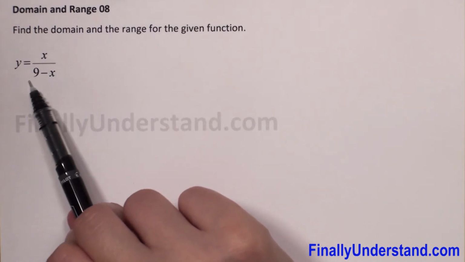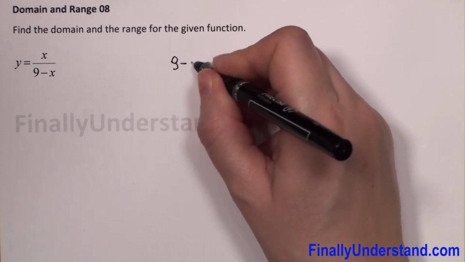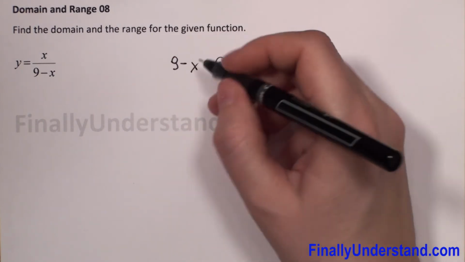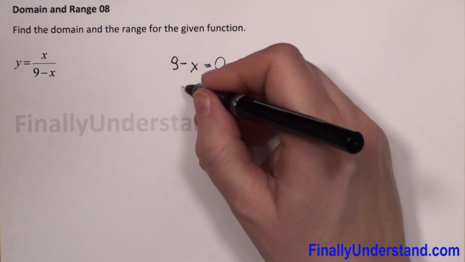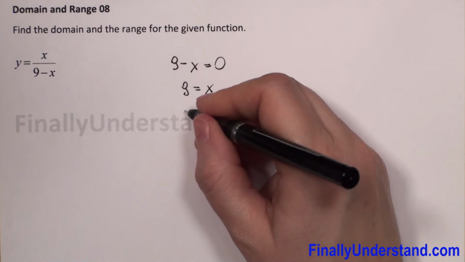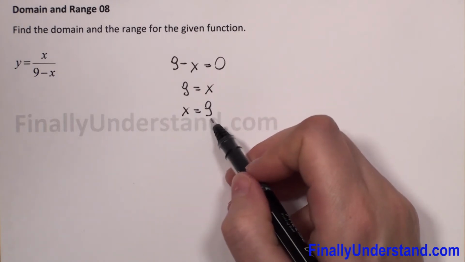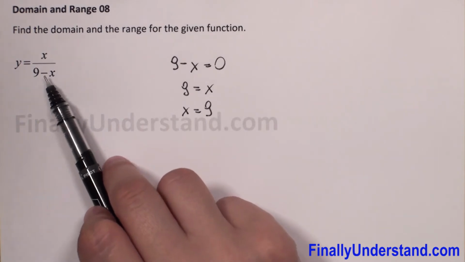Let's check when this denominator is equal to 0. 9 minus x equals 0. I will move negative x to the right side. 9 equals x. So x equals 9. For x equals 9, the denominator will be 0.